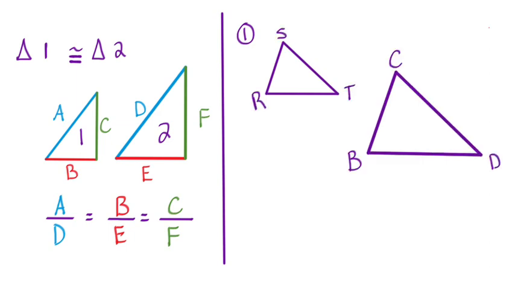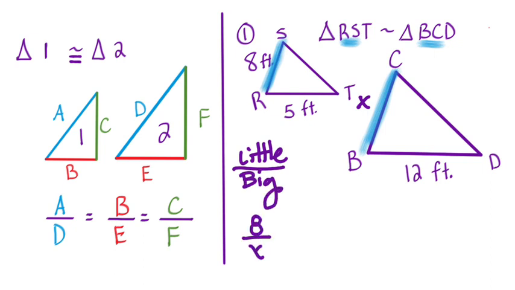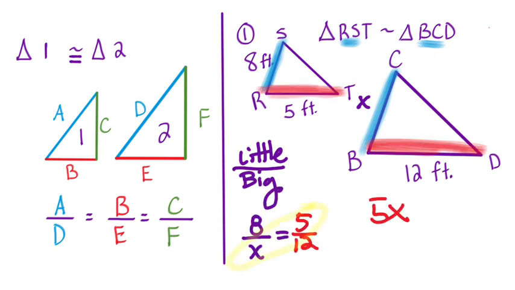So if I have this triangle, RST is congruent to BCD, then I have to just look at them in order. We know that RS will be congruent to BC and ST will be congruent to BD, because they have to match each other, right?